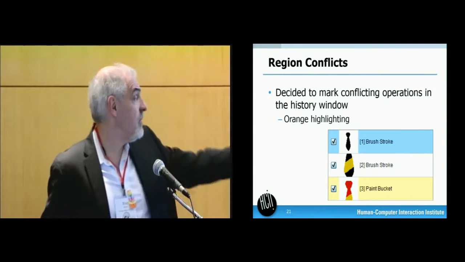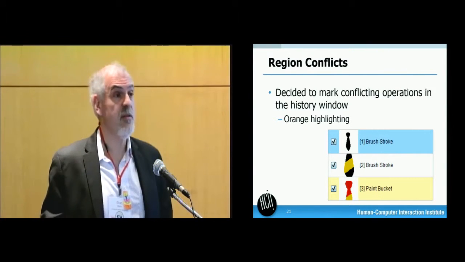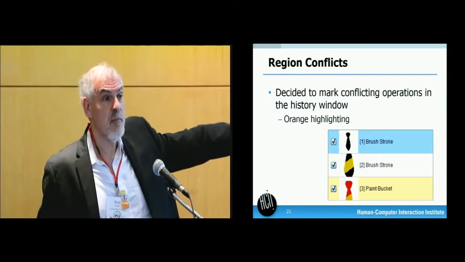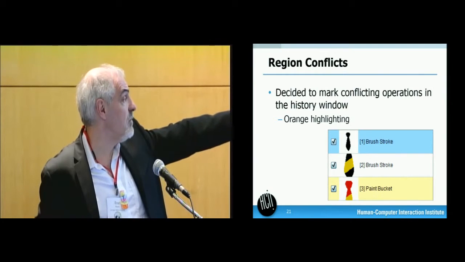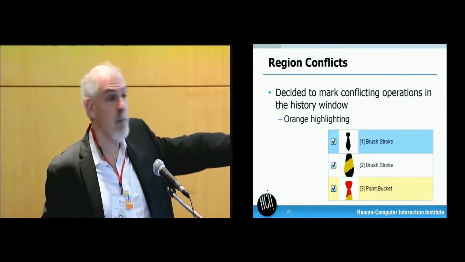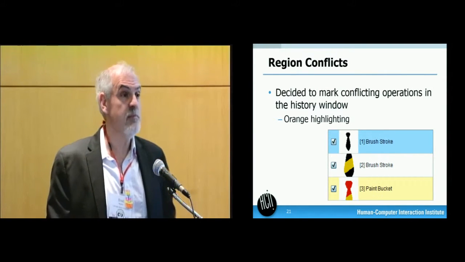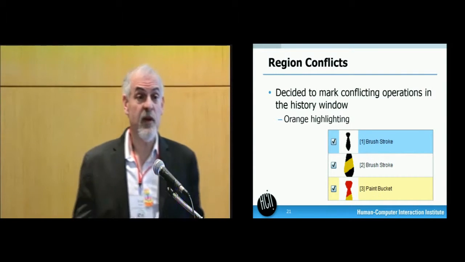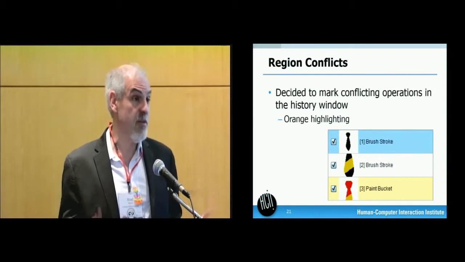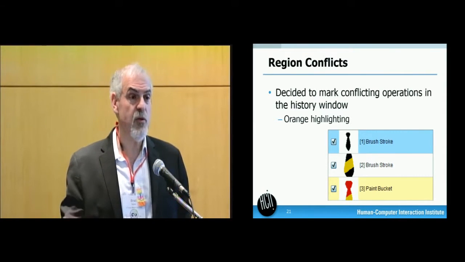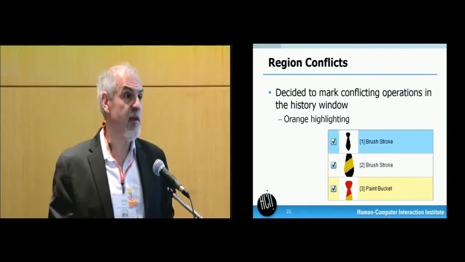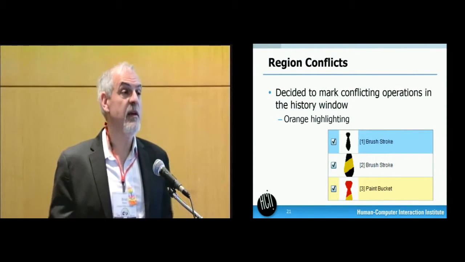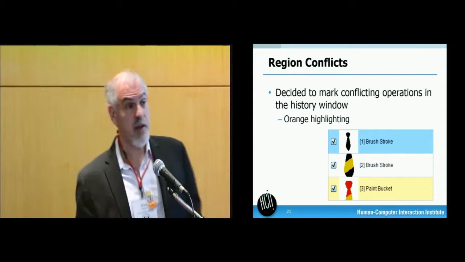Right, so that's basically what the orange highlighting does in the history panel. Since the blue one is selected, if you uncheck the blue one, then it's telling you that the paint bucket operation will be affected by it. It turns out that a kind of naive approach of what operations might be affected is a little too aggressive, and so we wouldn't want to do a pop-up or anything because there's all sorts of other operations which may be affected by it.